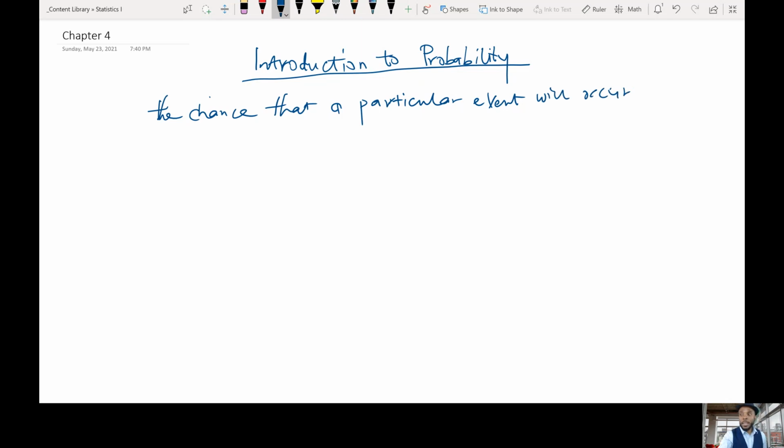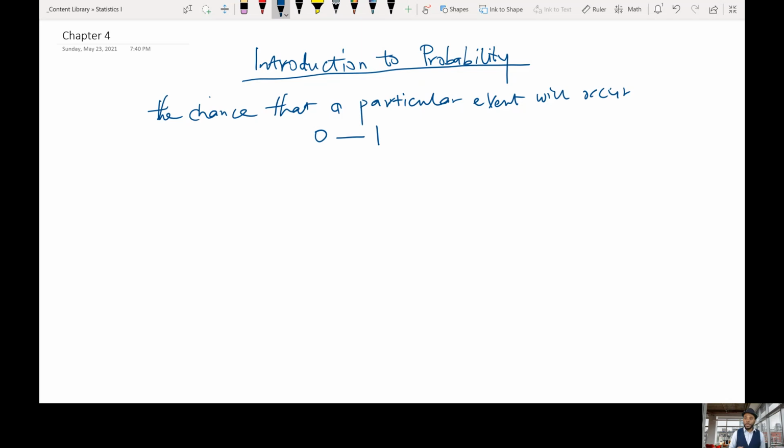Okay. You can also define a probability. So probability ranges between 0 and 1. So those are the ranges of probability. So you can have a probability that is close to 0, a probability that is close to 1.